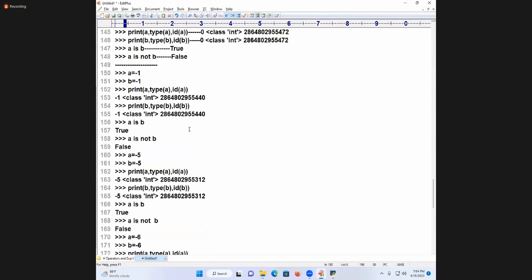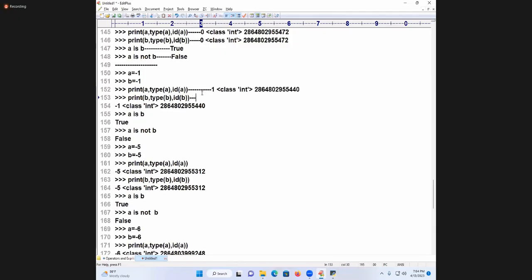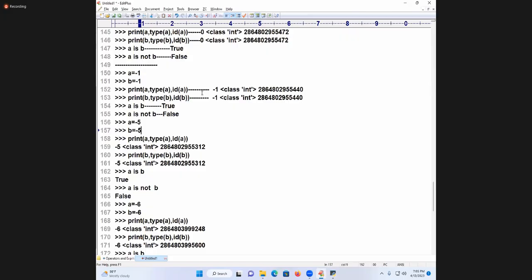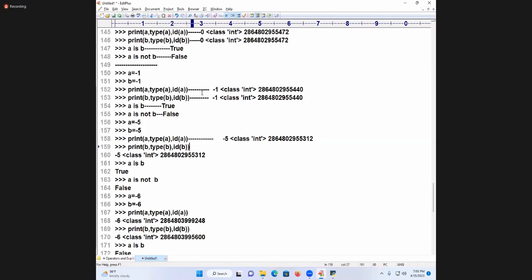So, online students, are you following me? Take care about these things, students, and -1 is included inside it. This is the data, and A is not B. And this data also, take care about this. B also.